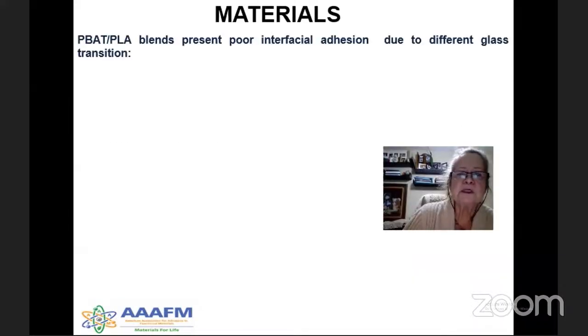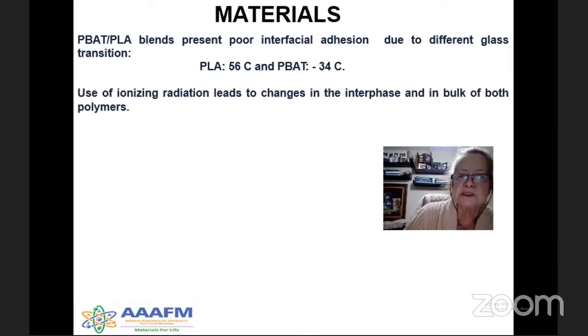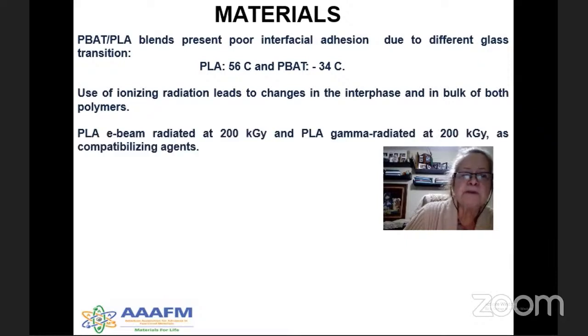For the materials, we used PBAT/PLA blends, which have poor interface adhesion due to their different glass transitions. Then we have to use ionizing radiation to change the interface in the bulk of both polymers.